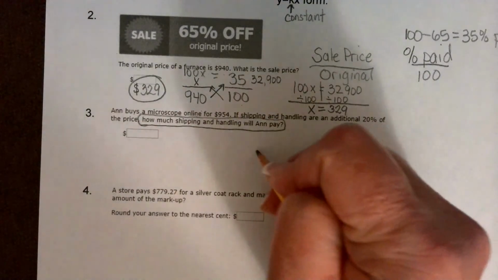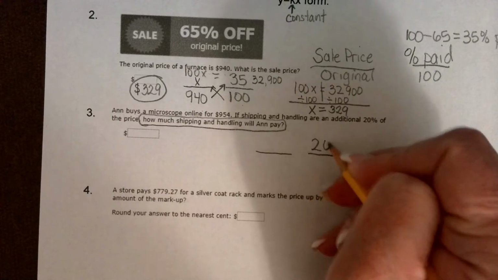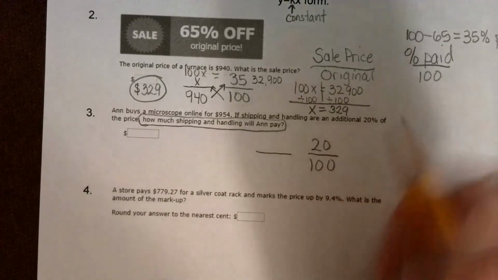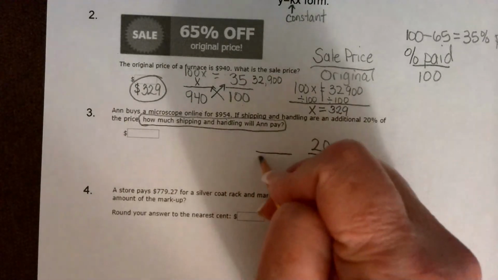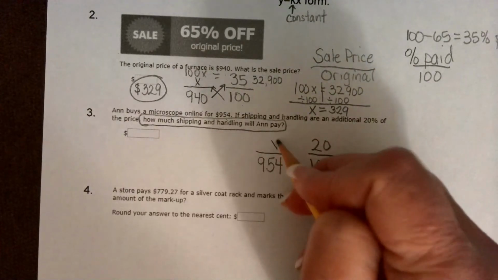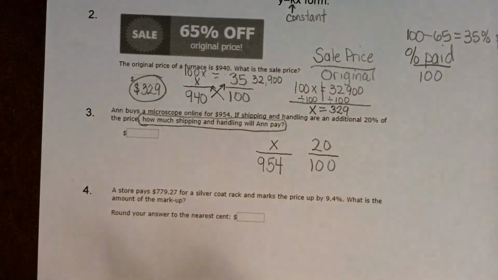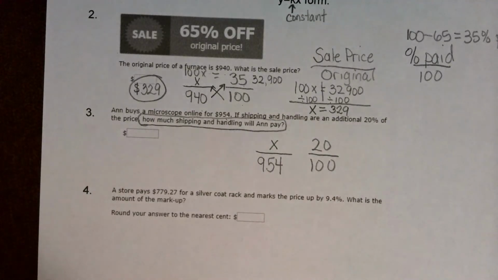So I'm just trying to figure out what is 20% of my full price of $954. I'm looking for that 20%, and that's obviously going to be less than $954 by quite a bit.